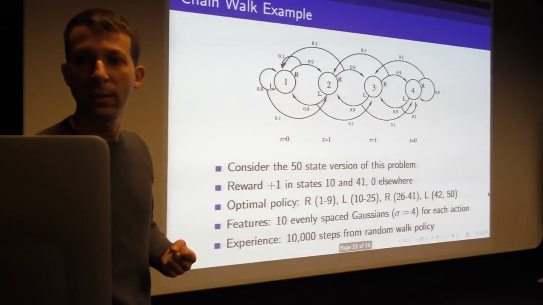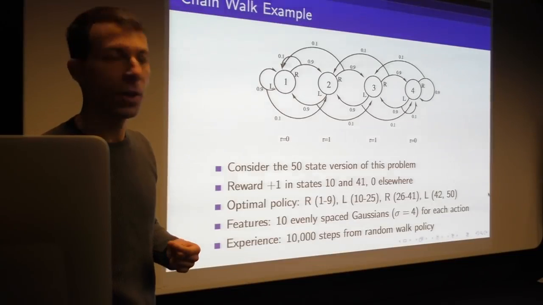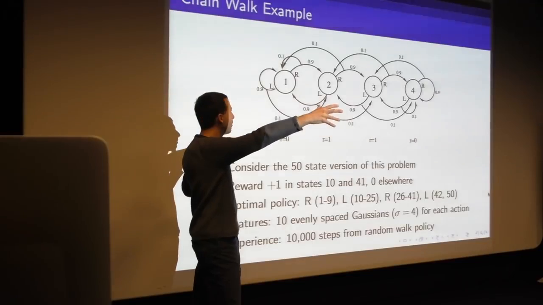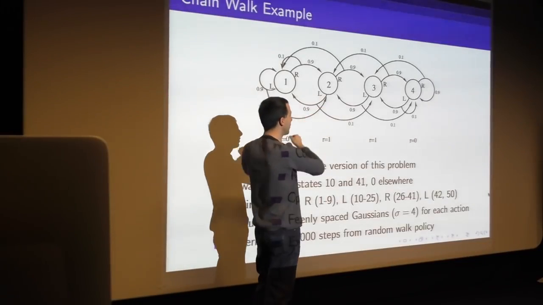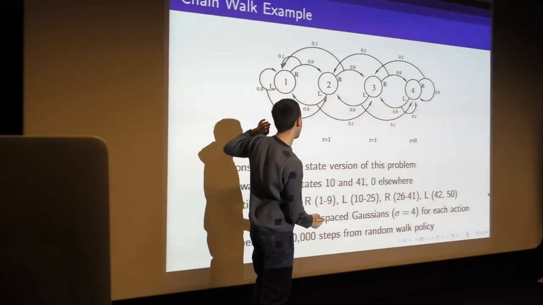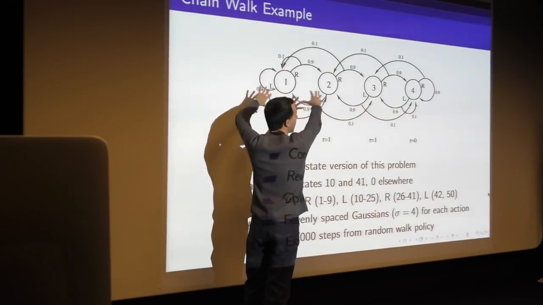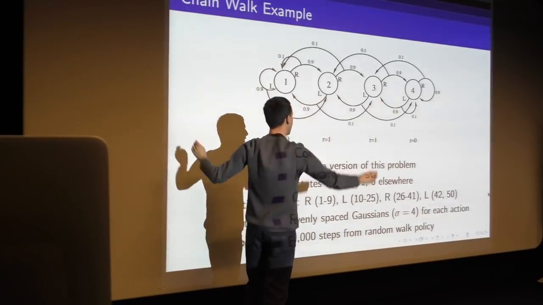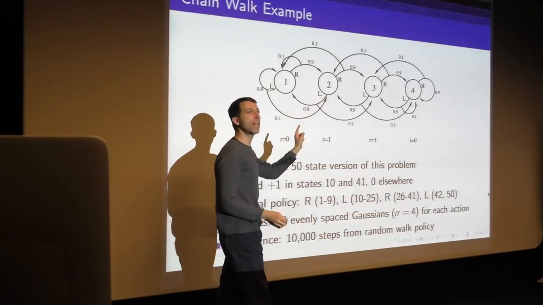And then I just want to show one final example, which is a random walk type example with some more complicated dynamics. This is a problem with 50 states, like a replica of this diagram with these different dynamics over 50 states. And now we just say there are 2 good states that we want to get to.